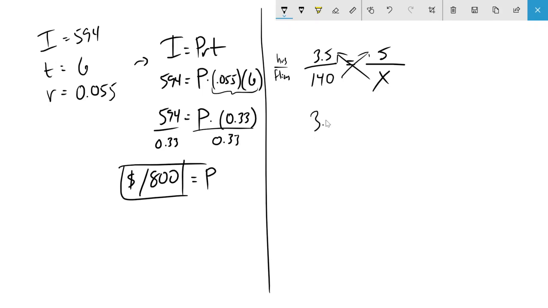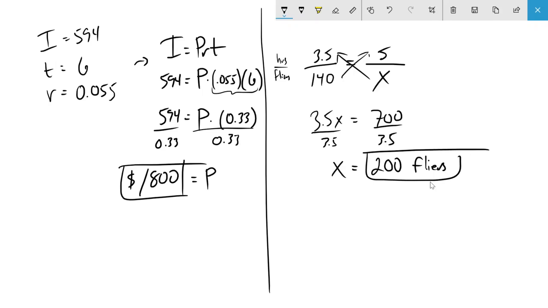So then it would be 3.5x, and then 140 times 5, I think, is 700. So then if you divide both sides by 3.5, what do you get? 200. So in 5 hours, you expect they'd hand out about 200 flyers.